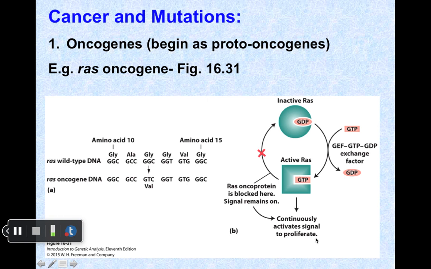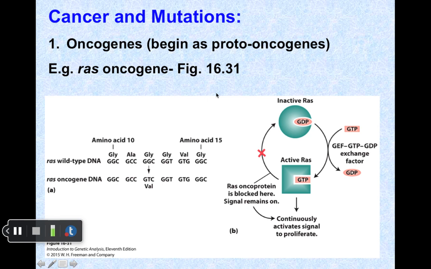Normally, after the RAS G protein is activated and activates the formation of transcription factors, it's then deactivated by binding GDP, guanine diphosphate, instead of GTP. So it binds GTP in its active state, then it becomes inactive by giving up the GTP and binding GDP instead.